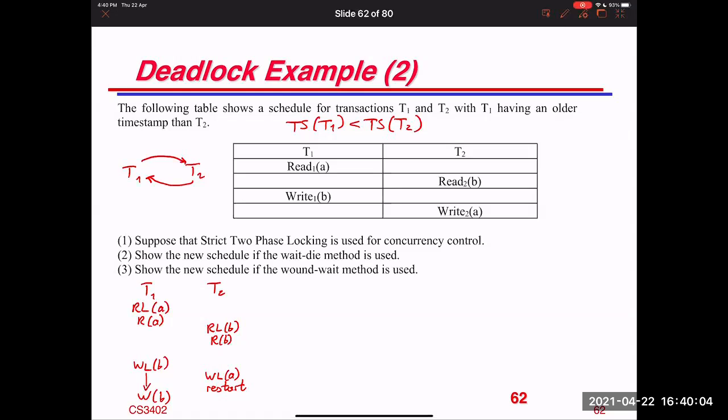So T1 will execute first and then T2. All right. Okay, so this is the first part.